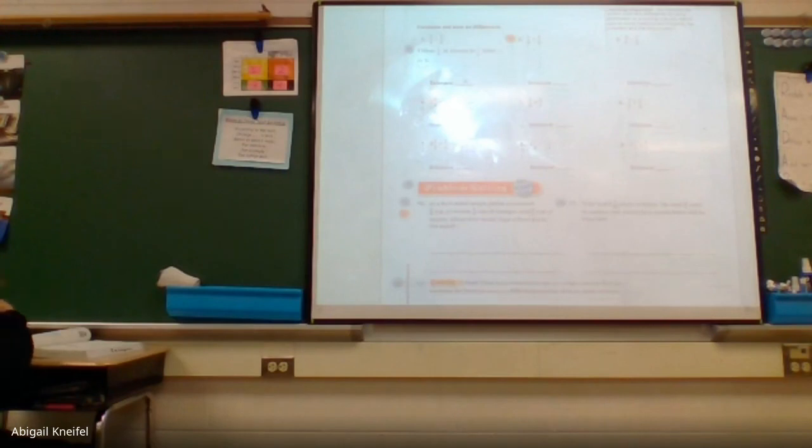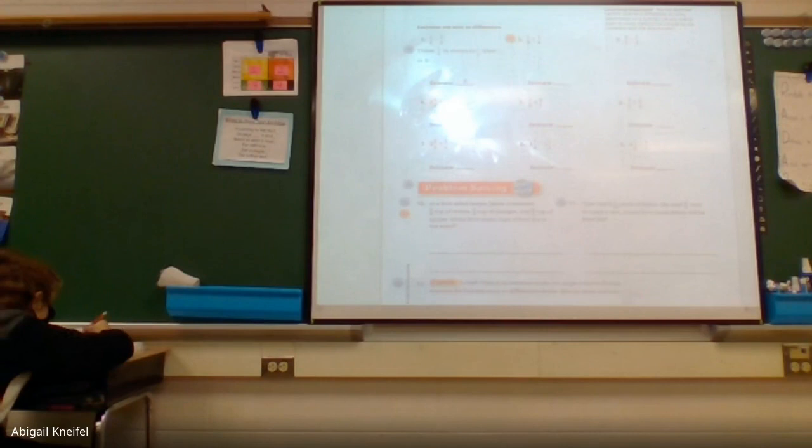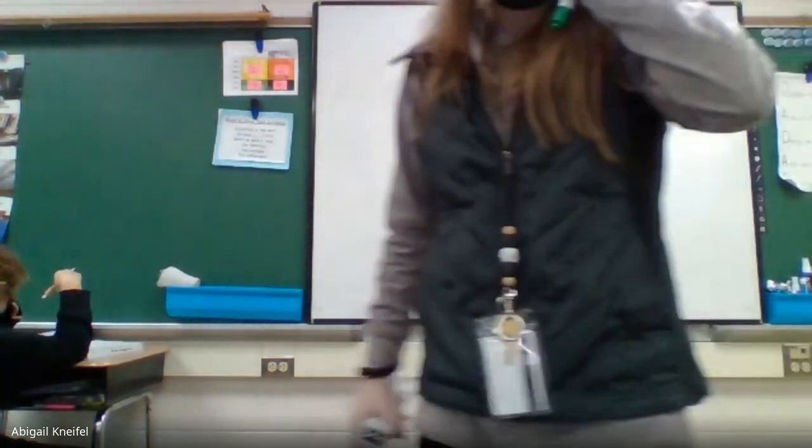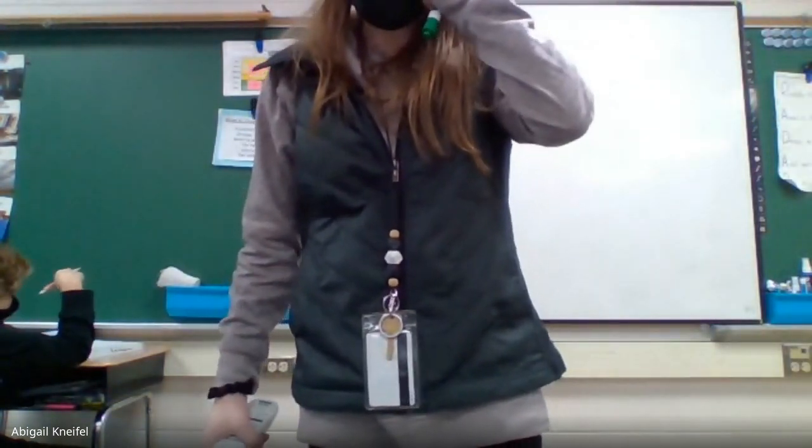I want you to do 2 through 11, not 12, and 1's already done. So your homework is 367, 2 through 11, okay? Because these take essentially very little time. So 367, 2 through 11.